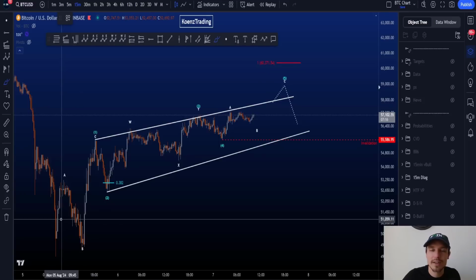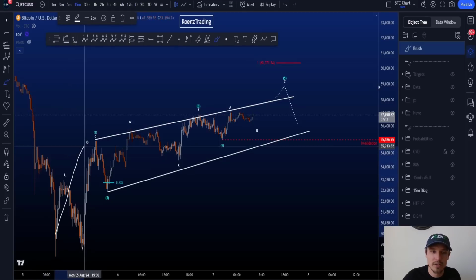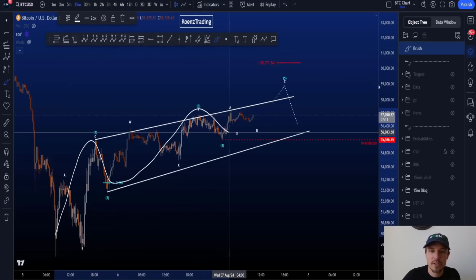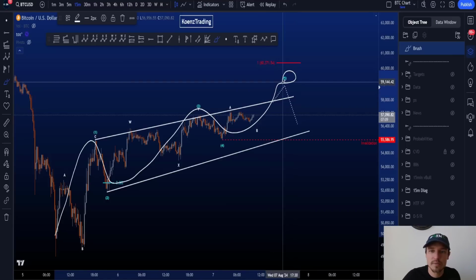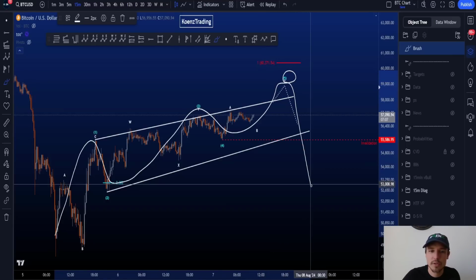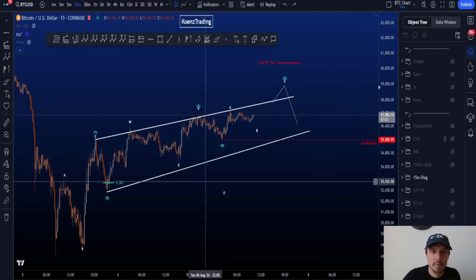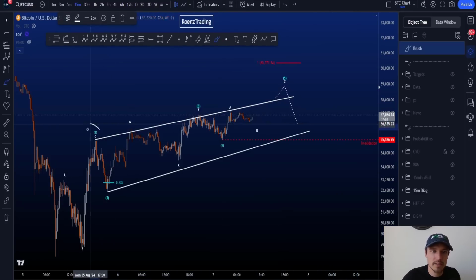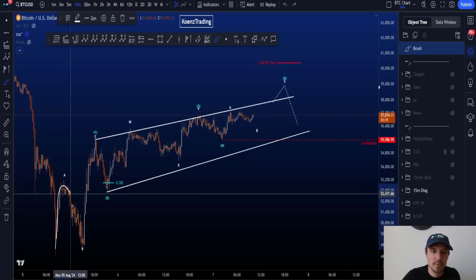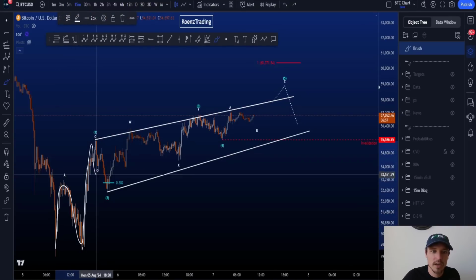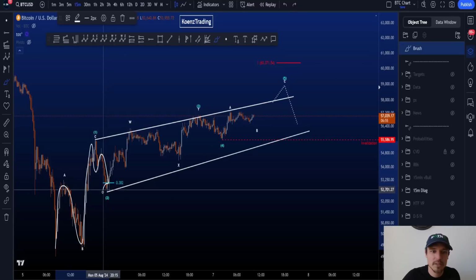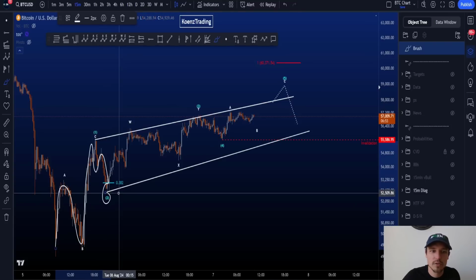And what you see on the chart here is a leading diagonal, a wave 1, 2, 3, 4, looking to end a wave 5, and then see a retracement to the downside before continuation to the upside. Now, in a little bit more detail, your wave 1 is a three-wave structure in an ABC, followed by a zigzag ABC to the downside in a wave 2.